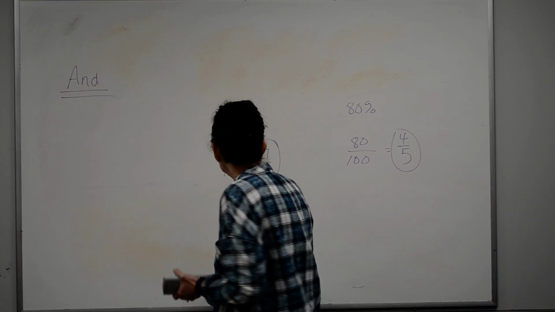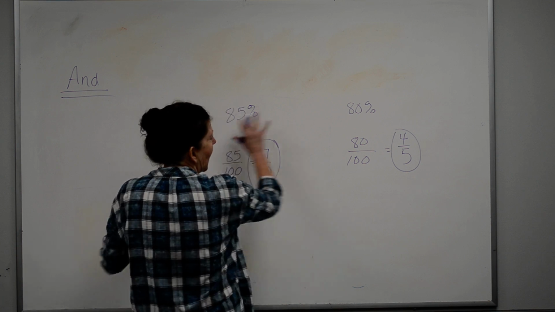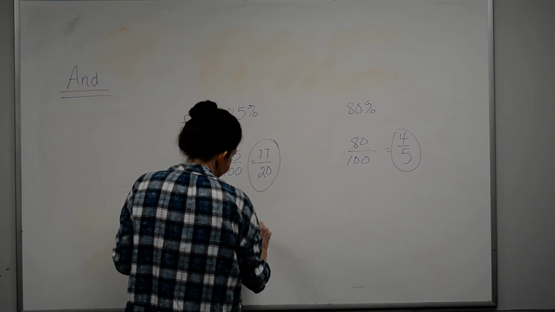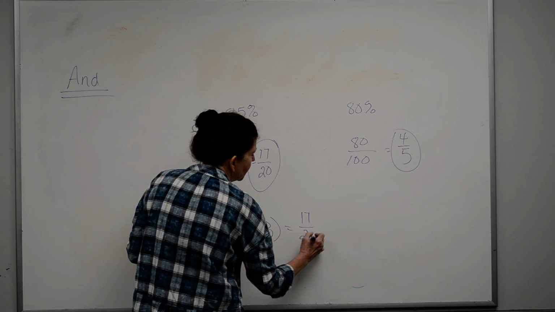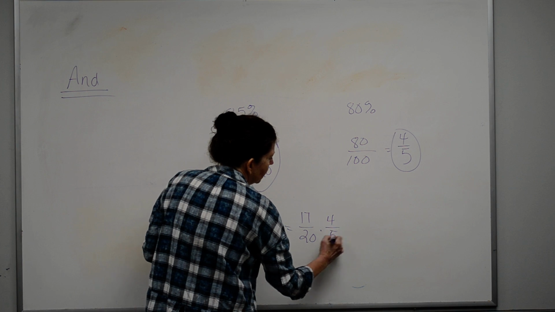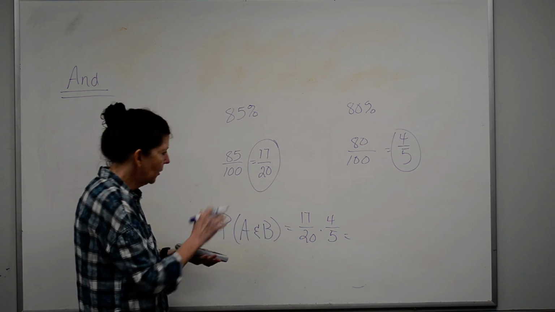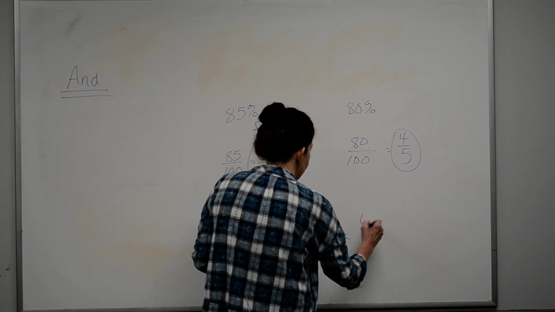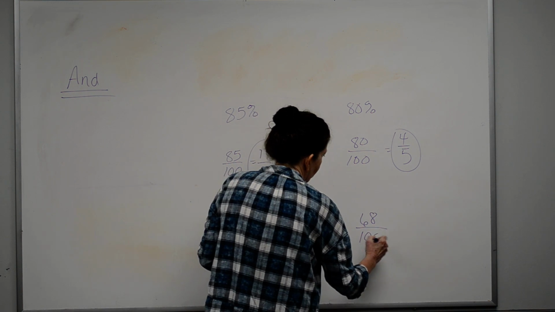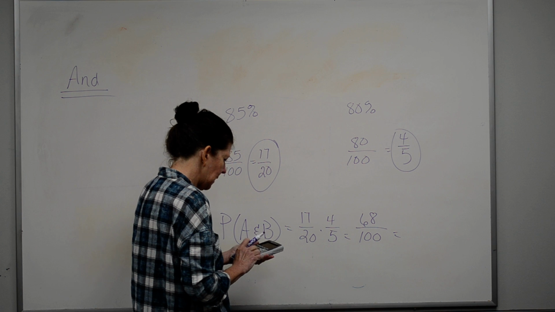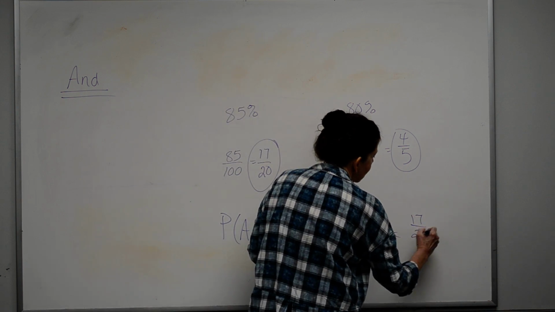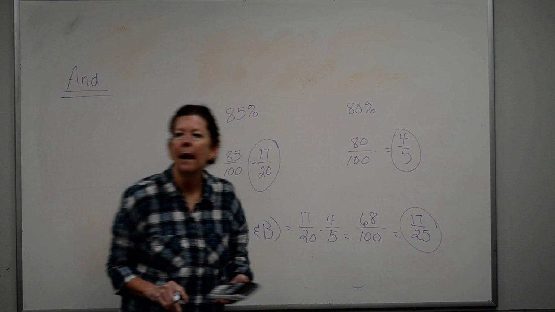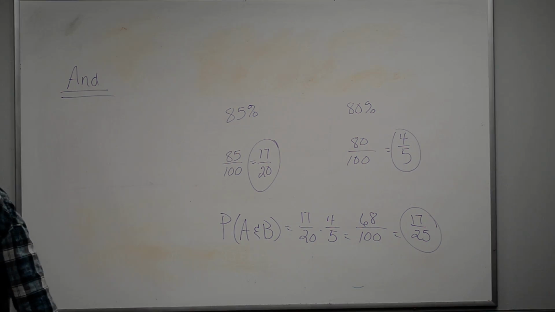So the probability of A and B will be 17 over 20 times 4 over 5. So I multiply this out, it's going to give me 68 over 100, which I'm going to reduce down, and then convert back to a fraction, and it's going to give me 17 over 25. That is the probability that both flights will arrive on time.